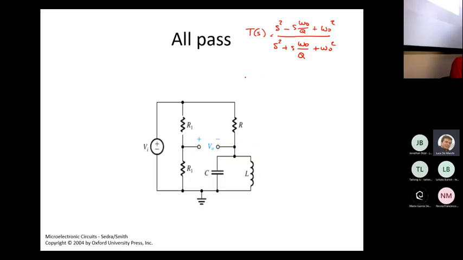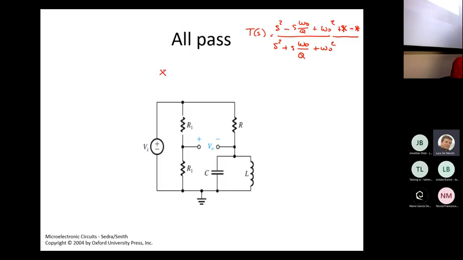If we add to this numerator a given quantity, let's say asterisk, and then we subtract asterisk, we are clearly okay. We are not harming the original transfer function.